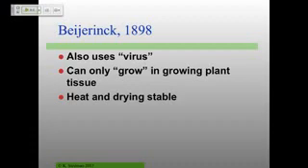So he immediately, or say not immediately, but makes that connection that the virus can only replicate in something else that is already growing. And he shows heat stability. So he did experiments going up to 40, 50 degrees Celsius and drying out the virus. It was still infectious. So again, 1898, he's already making a number of predictions about how this is working.